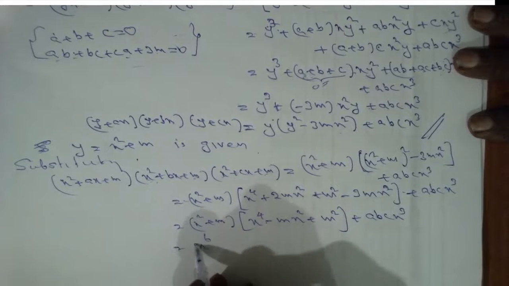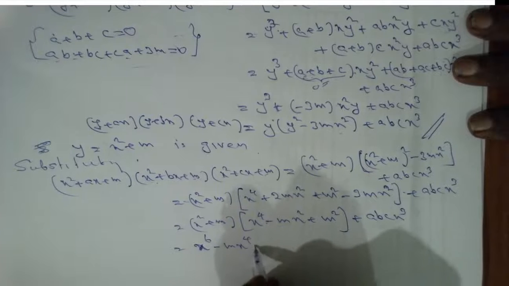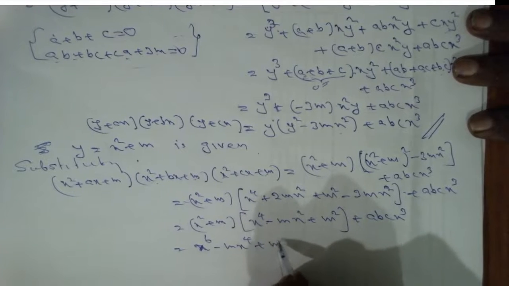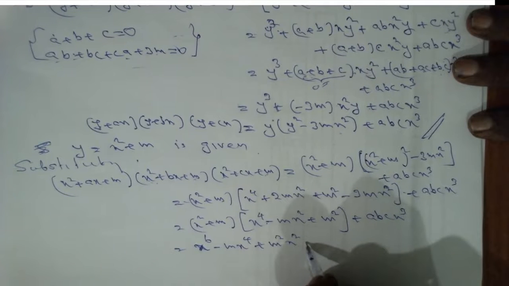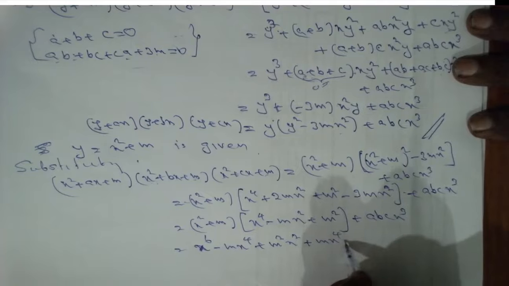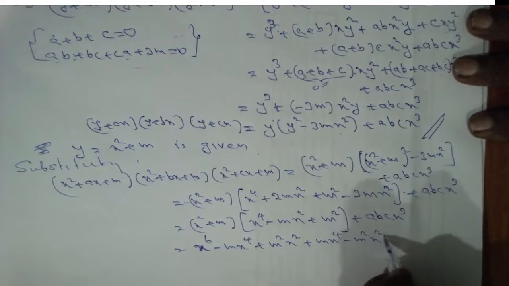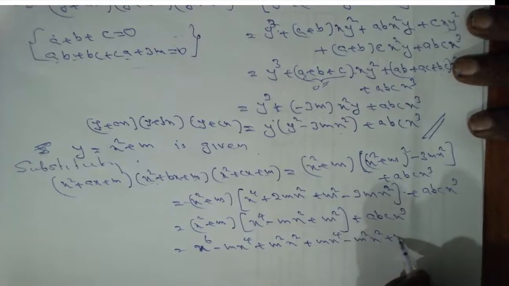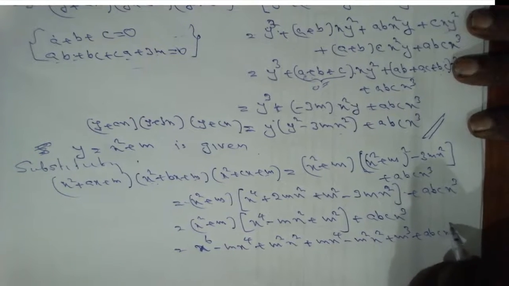X to the power of 6, m x to the power of 4, m squared x squared, plus m x to the 4, minus m squared x squared plus m cube plus abc x cube.